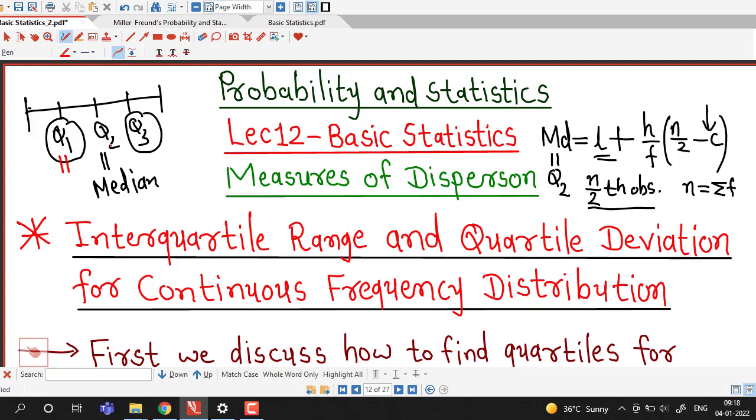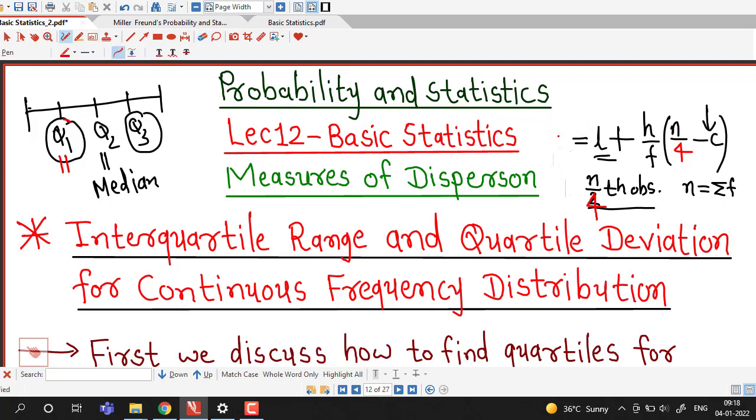First we decide the class which contains the first quartile, and the formula for Q1 will be similar to this one. Instead of N by 2, here we will have N by 4, and we will find out the class which contains the N by 4th observation.